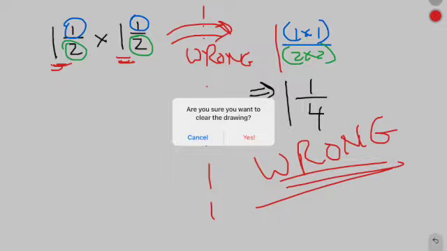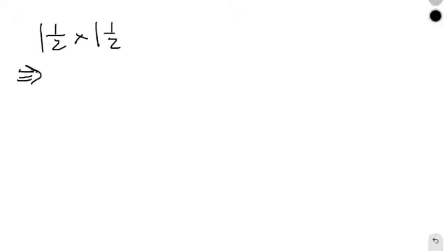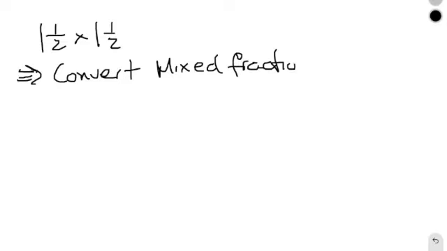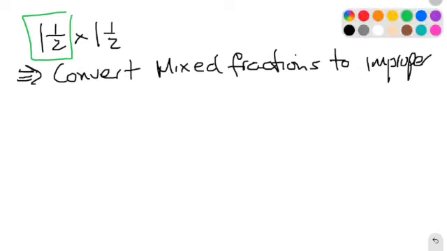The correct method of solving it, if you look at 1 and 1 half times 1 and 1 half, the first thing you need to do is convert the mixed fractions to improper fractions. So in this instance, we're going to look at the first mixed fraction.